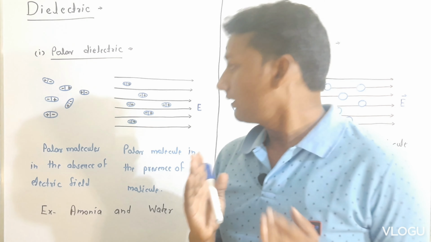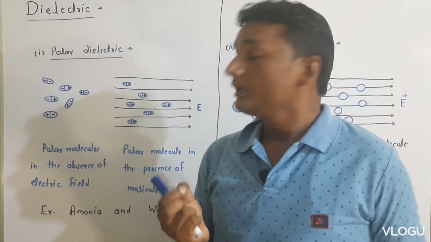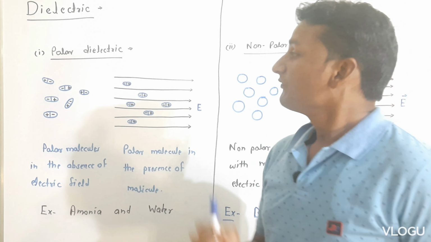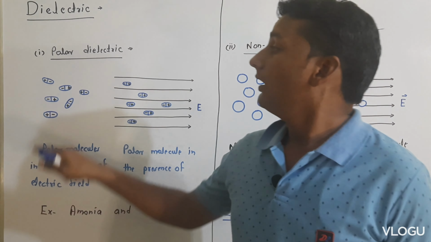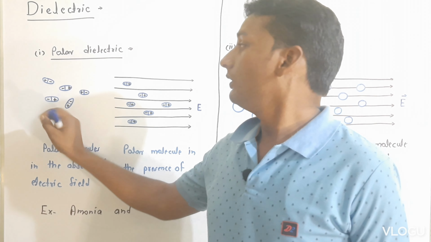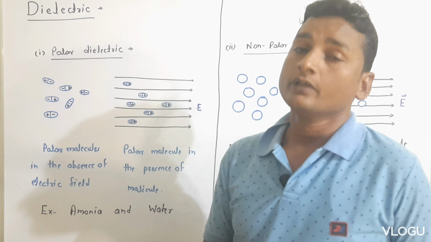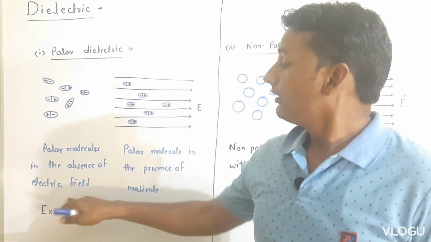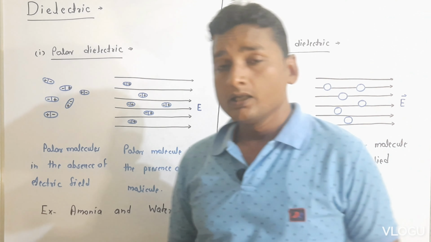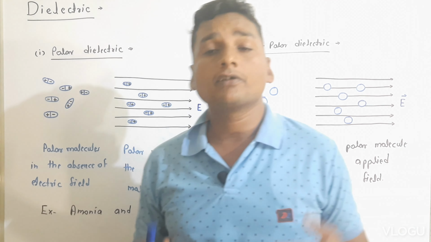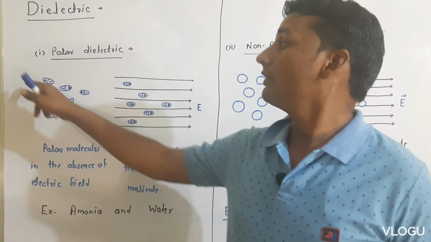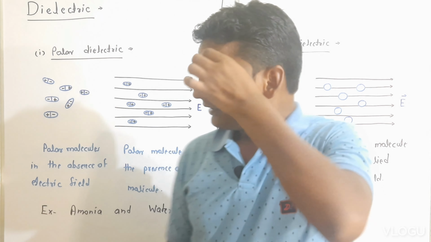Listen to everything carefully, whatever I want to say. I am saying that a polar molecule has a non-zero net electric dipole moment even in the absence of an external electric field. It is because their positive and negative centers are separate.